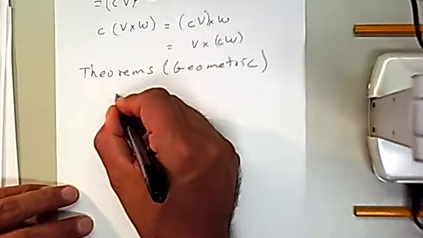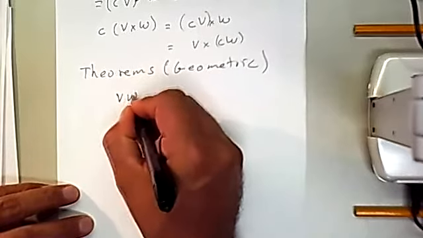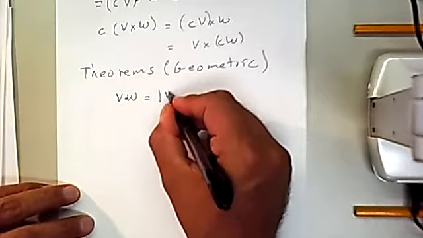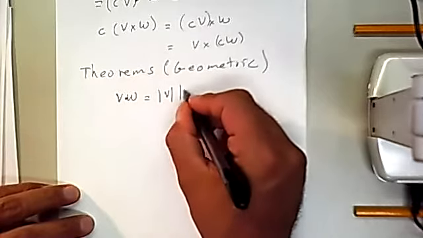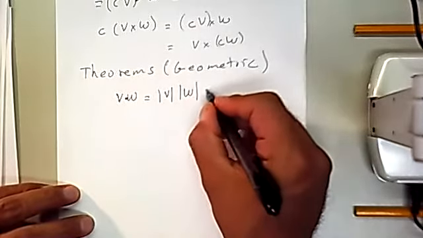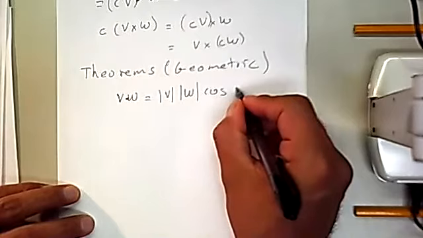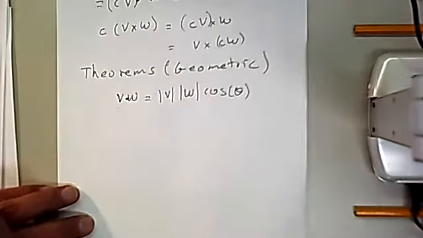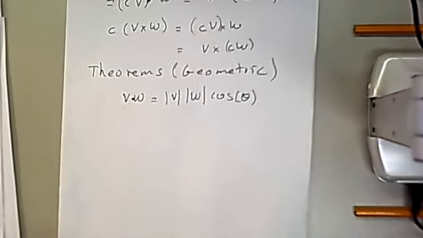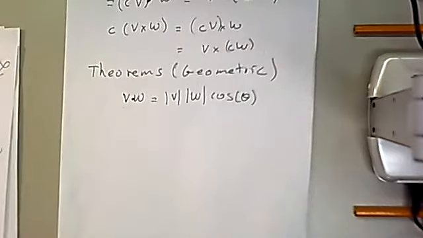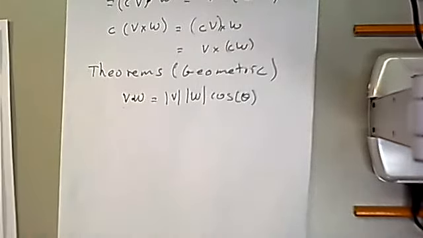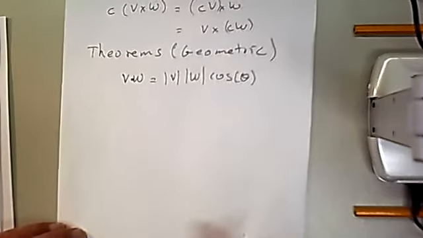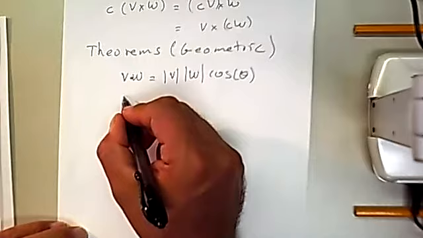The dot product of two vectors is the magnitude of one of the vectors times the magnitude of the second vector times the cosine of the angle in between them. So theta is the angle between them. Before I show a picture, I want to give you the analogous theorem for the cross product.